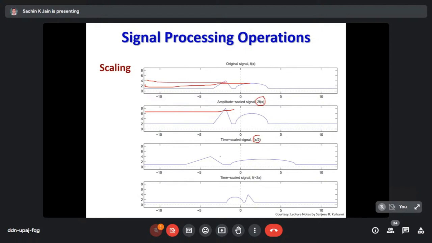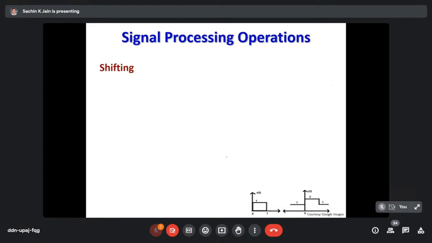On the time scale, it has elongated by twice. With minus 2, it has compressed on the time scale. This is scaling: amplitude scaling, time scaling, or in wavelets we call it dilation or contraction of the wavelet. It is the same phenomenon that we use in wavelets.